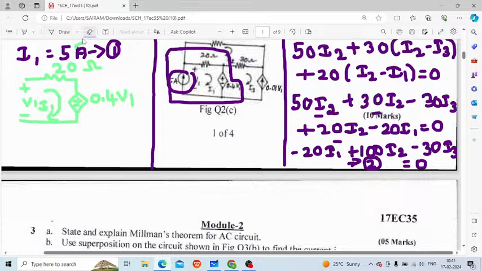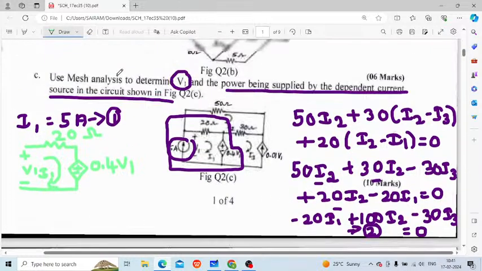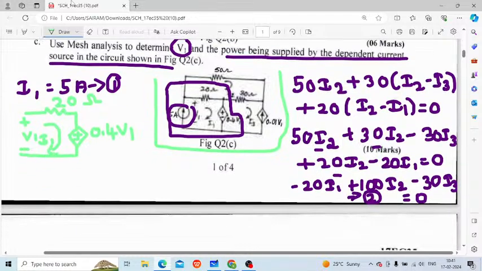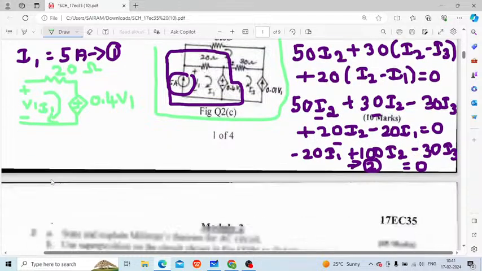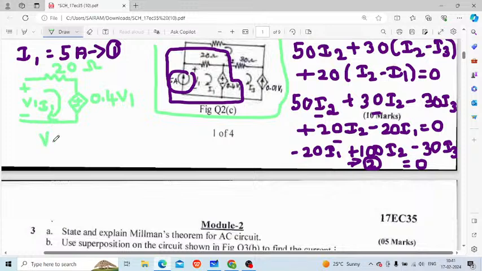Wait a minute, I don't have a space, right? So yeah, okay, so here it is. Okay. So now if I apply the equation, I get V1 is equal to, why?